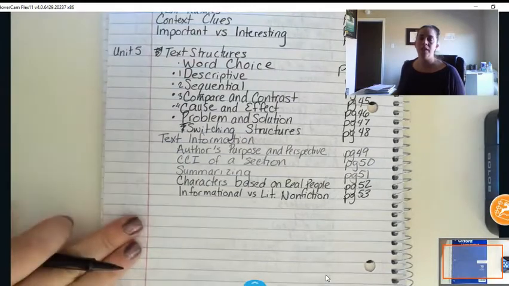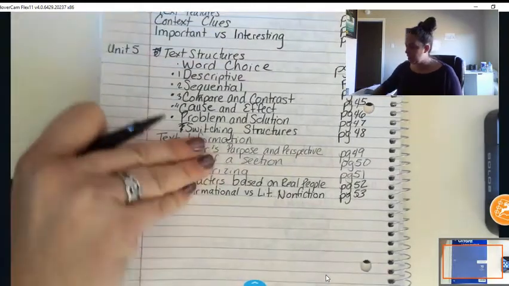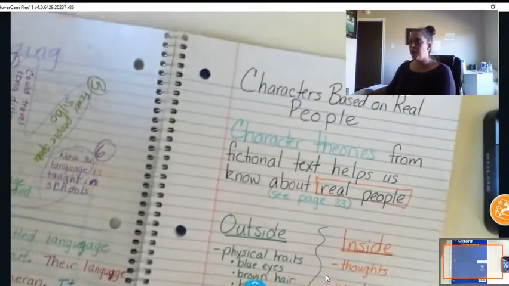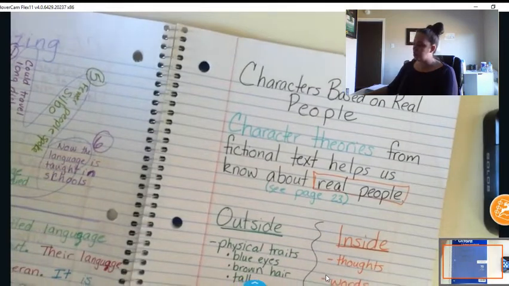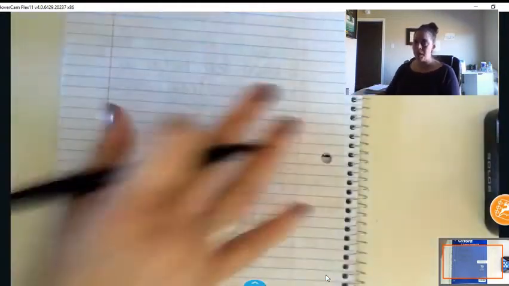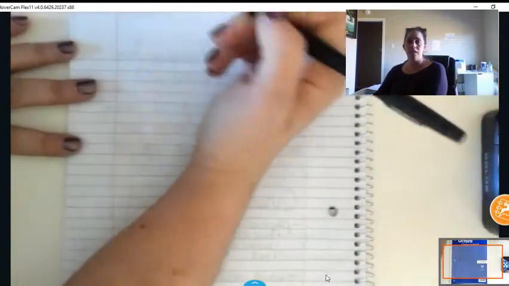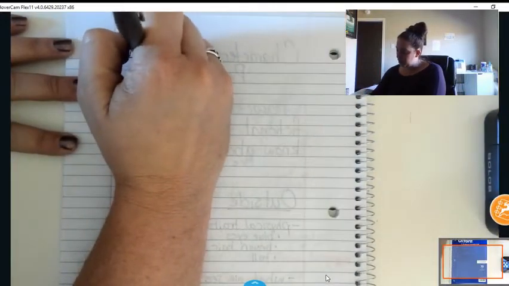Once you have it written down here, go ahead and move to the next blank page. Yours is going to come right after summarizing. Remember, I goofed and I did the wrong one first, so mine is going to actually be right after characters based on real people. We always title the top of our paper the same as we did in our table of contents, so we know which one's which and we don't get confused.